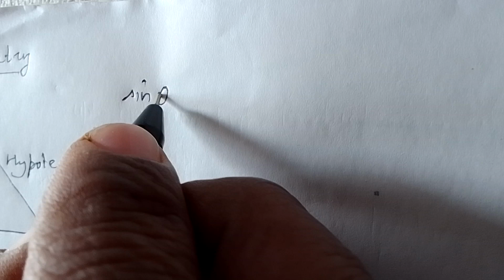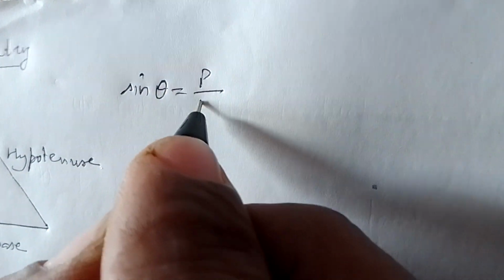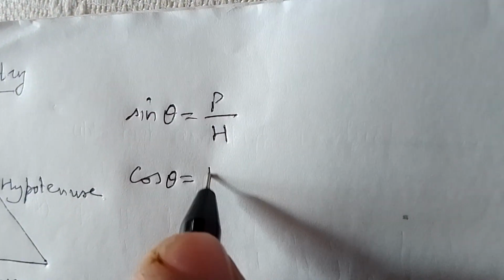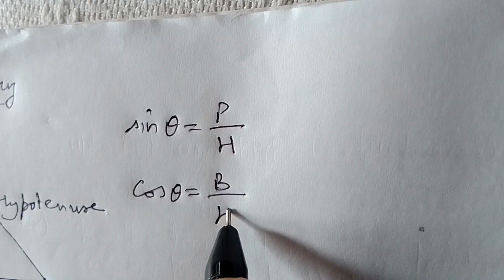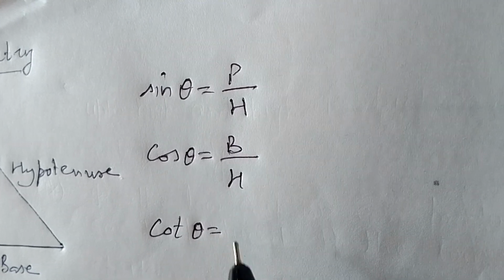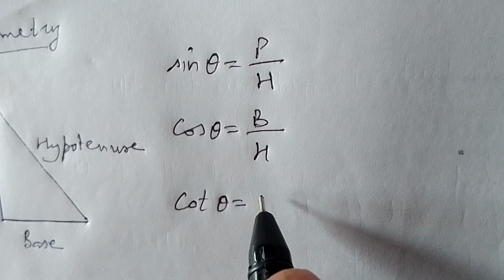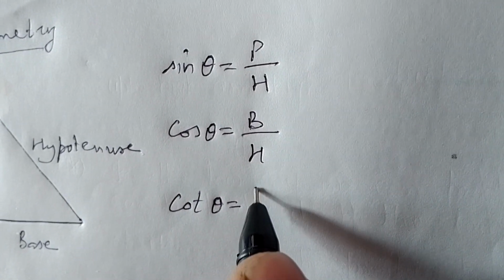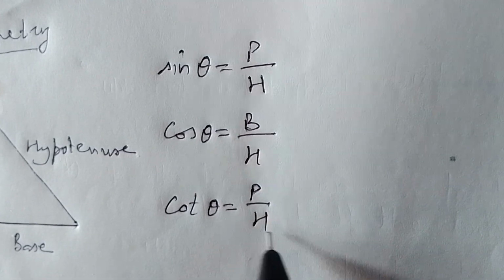First t ratio is sin theta. Sin theta is perpendicular by hypotenuse. Cos theta, second t ratio, is base divided by hypotenuse. Then tangent theta is perpendicular divided by base.